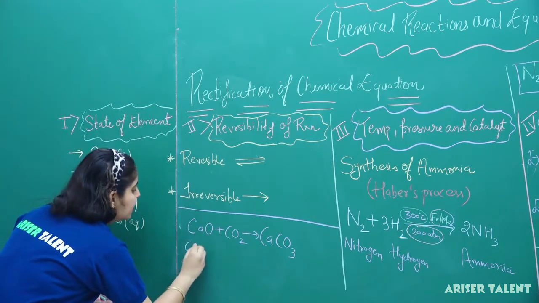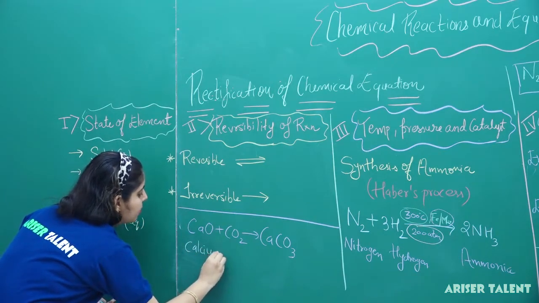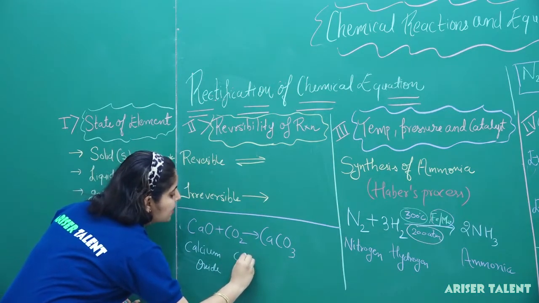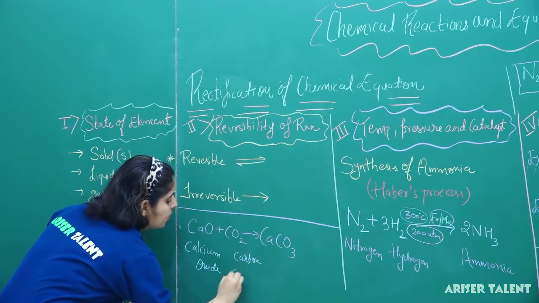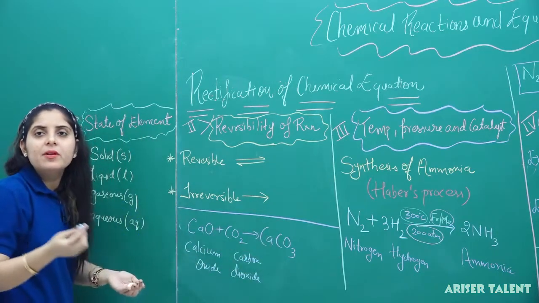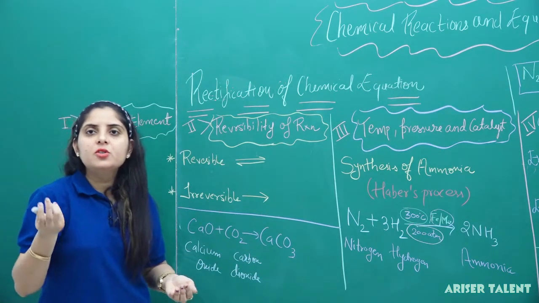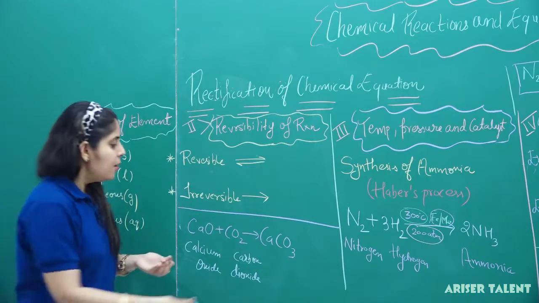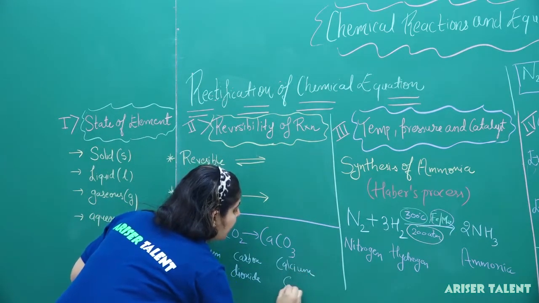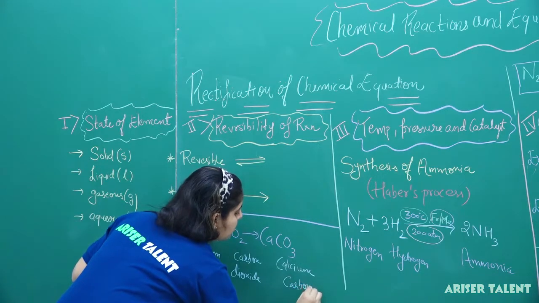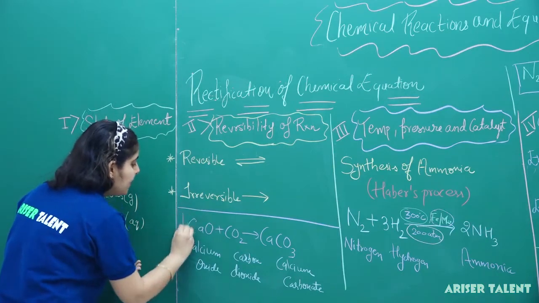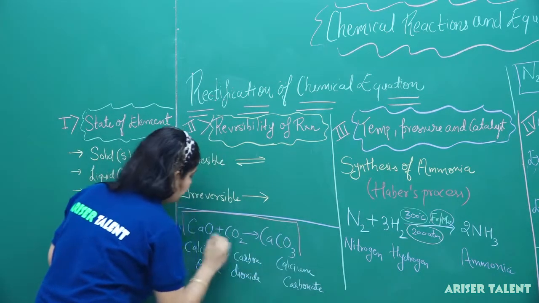Here CaO is calcium oxide, CO2 is carbon dioxide, and what we will get is CaCO3, which can be called marble. So it is calcium carbonate. So we have considered this simple equation here.